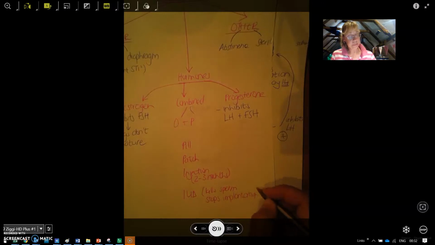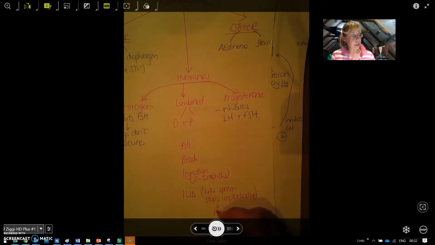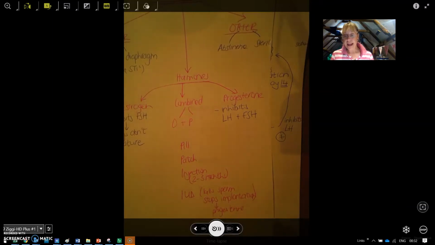Implantation. And they usually have some progesterone with them as well. And also they can be made out of plastic or copper. They have to be removed every so often.